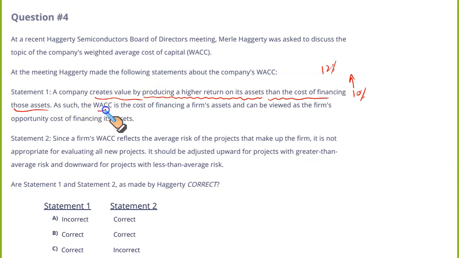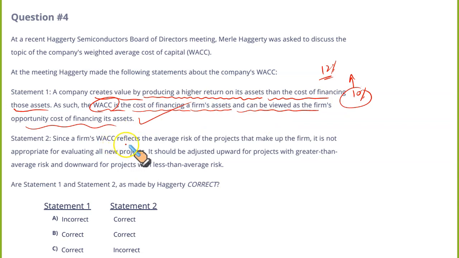As such, the weighted average cost of capital is the cost of financing a firm's assets and can be viewed as the firm's opportunity cost of financing its assets. So you need to earn more than WACC, because weighted average cost of capital is the average cost of various sources of finance. So in order to create value, projects and products should earn a return more than your WACC. It's a correct statement.